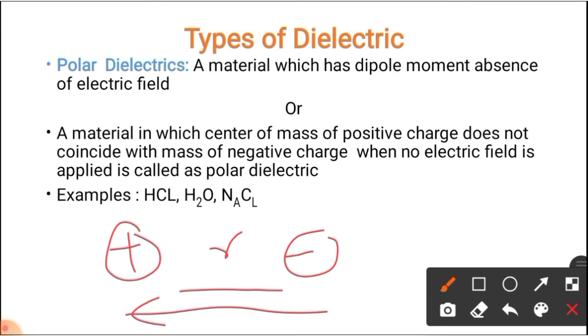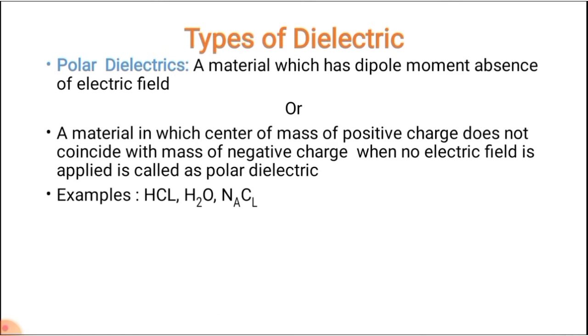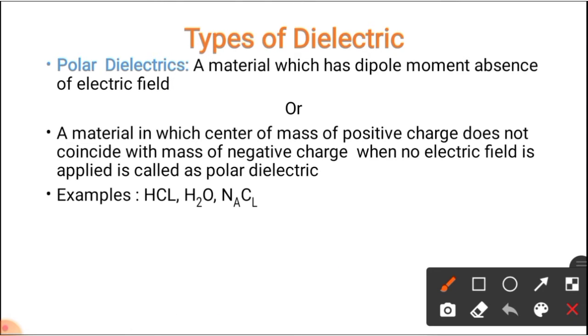We understand this concept with the example of H2O. In H2O, H has positive charge and O has negative charge. So here the center of mass of positive charge is here. This is the total distance.